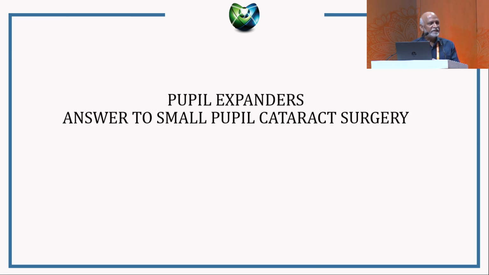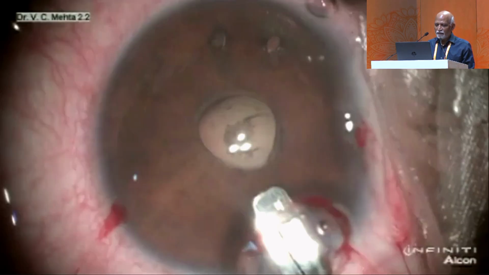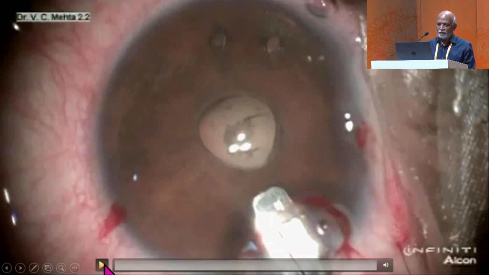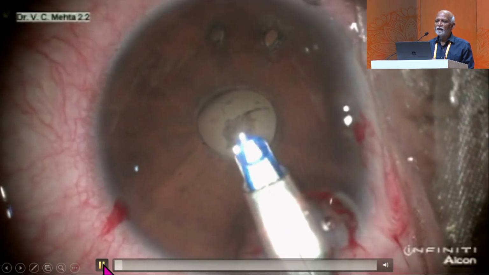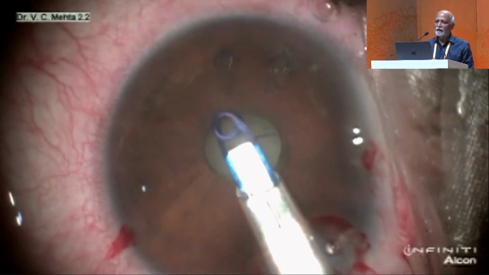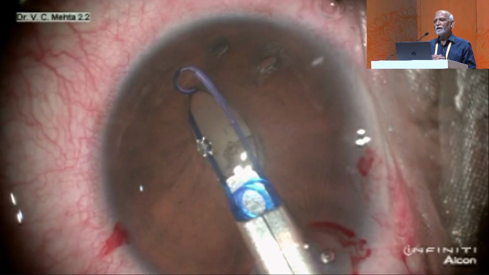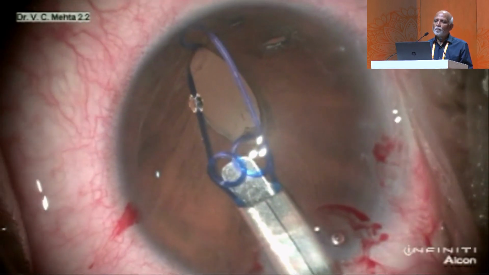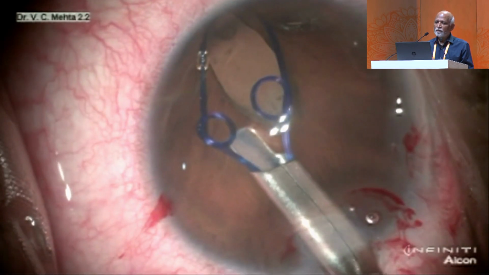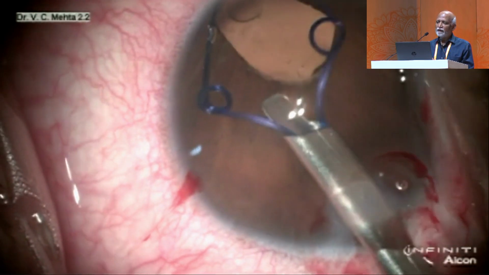The second part is the pupil expanders, which are our answer to small pupil cataract surgery. If you see this particular case, very small pupil, repeated attacks of iridocyclitis, YAG PI also done. These cases have become so simple with the pupil expanding devices, and you can see one of them being done here.